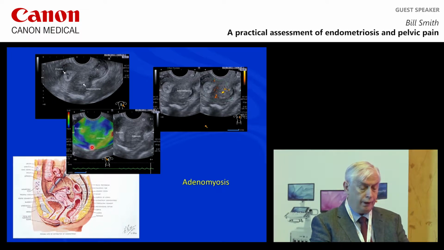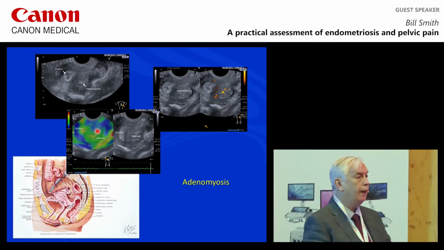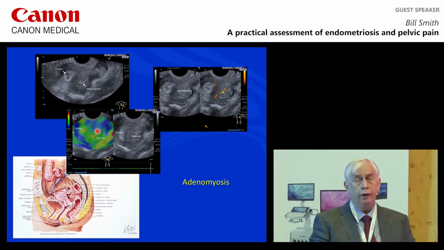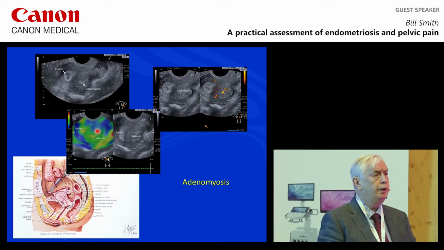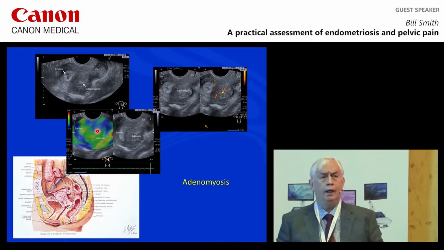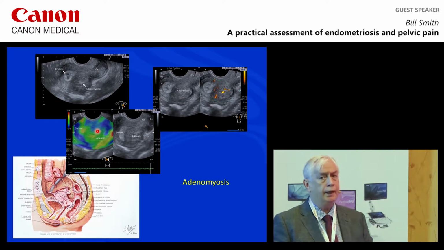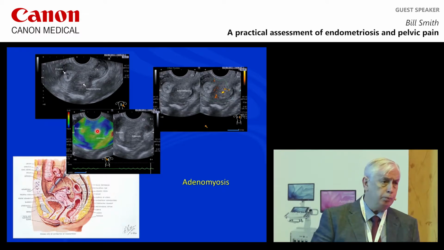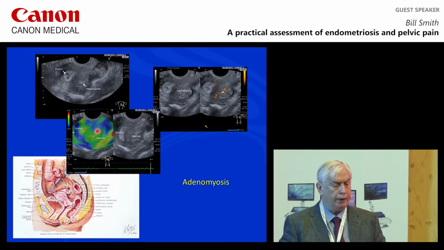We actually like the role of real-time elastography, and this is the manual compression. And we certainly had, we feel, a degree of success in terms of differentiating between adenomyosis and diffuse fibroid disease by using this imaging modality. I'm not quite sure why, but the shear wave technology hasn't given us the same degree of confidence as the manual compression.